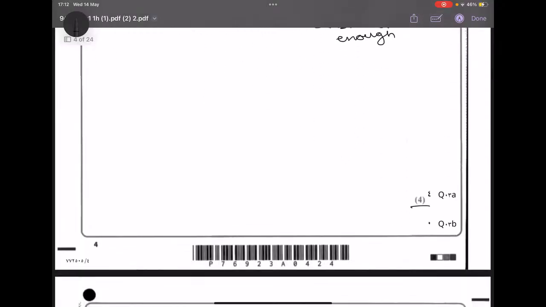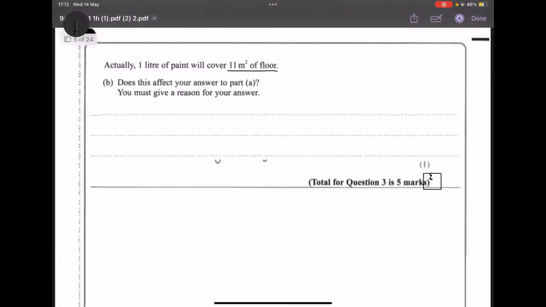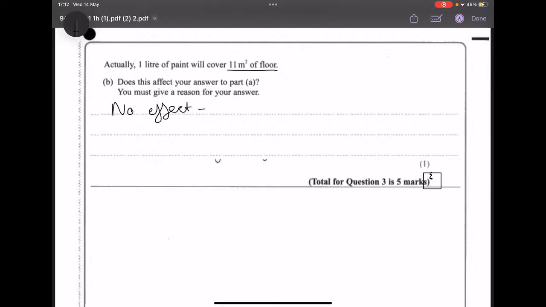Now we have 11 meters squared. As she already had enough, it will have no effect, as it will require rather less paint, and she already had enough.